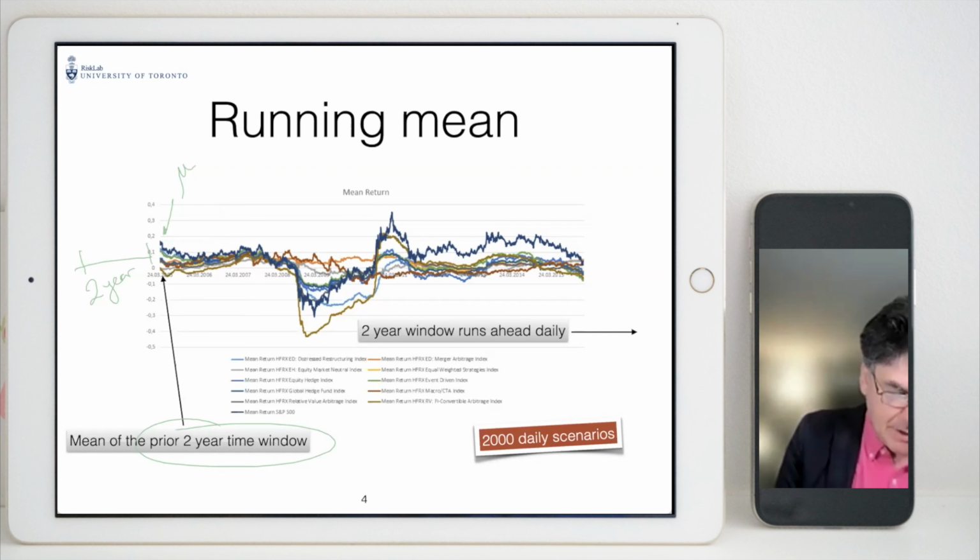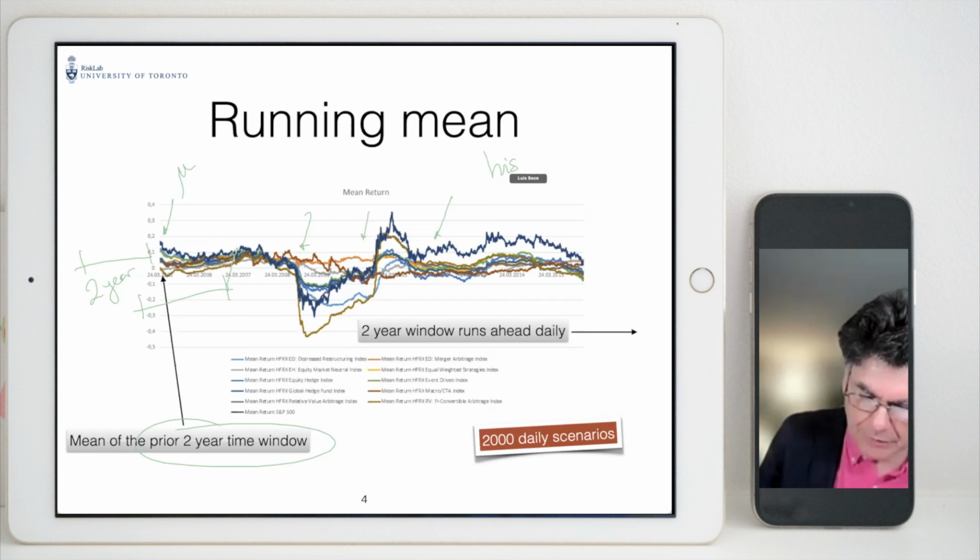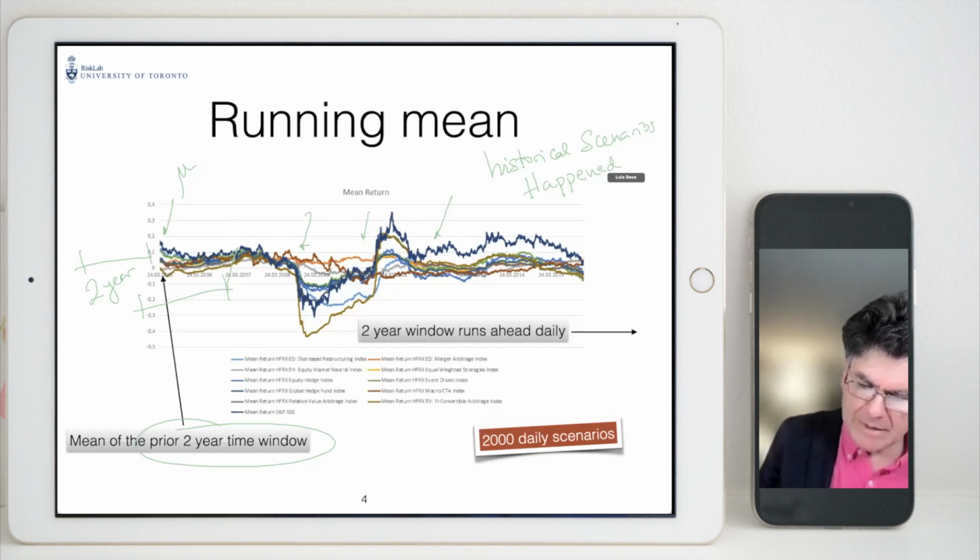And then this mean of this investment, we just kept on changing the two-year window, and we kept on updating that mean throughout history. These are also scenarios, but these are past scenarios. These are historical scenarios. This actually happened.